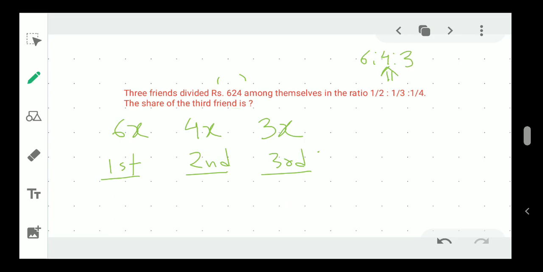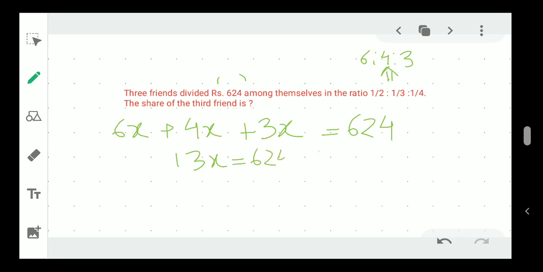That means the total money should come to 624, right? So the total addition will be 13x equal to 624. So x will be 624 divided by 13.